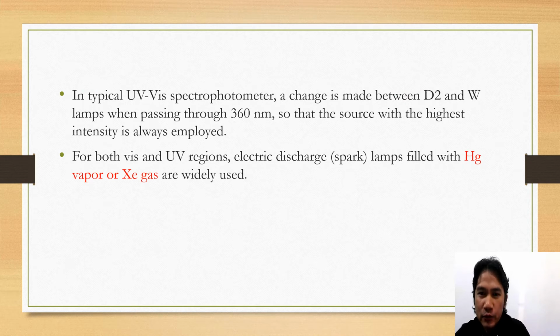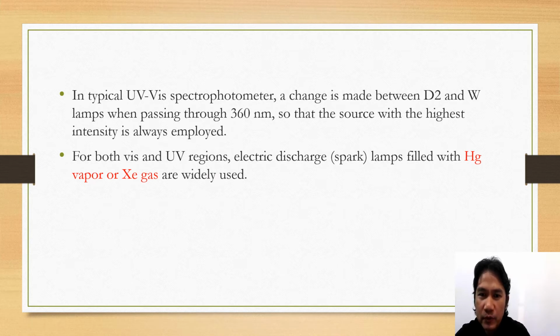In a typical UV-based spectrophotometer, a change is made between the deuterium and the tungsten lamps when passing through 360 nanometer so that the source with the highest intensity is always employed. So usually we change the source of lamp depending on what region we are going to use.